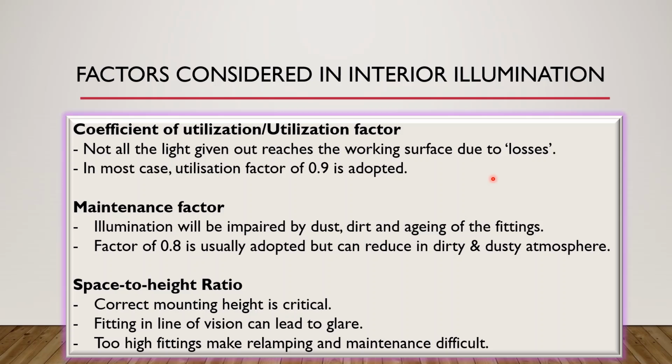So this kind of thing can be avoided; if you bring the fitting too low, you can create this kind of ugly situation. And if it is too high, lamping and maintenance become difficult, because no lamp is forever. When you want to change it, it becomes a problem, or when you want to clean the dust, it becomes a problem if it is too high.